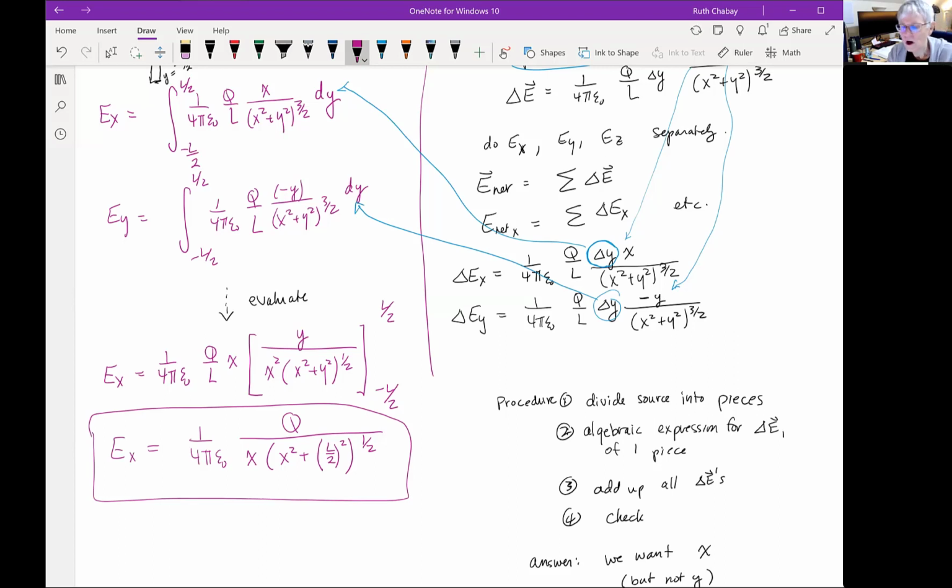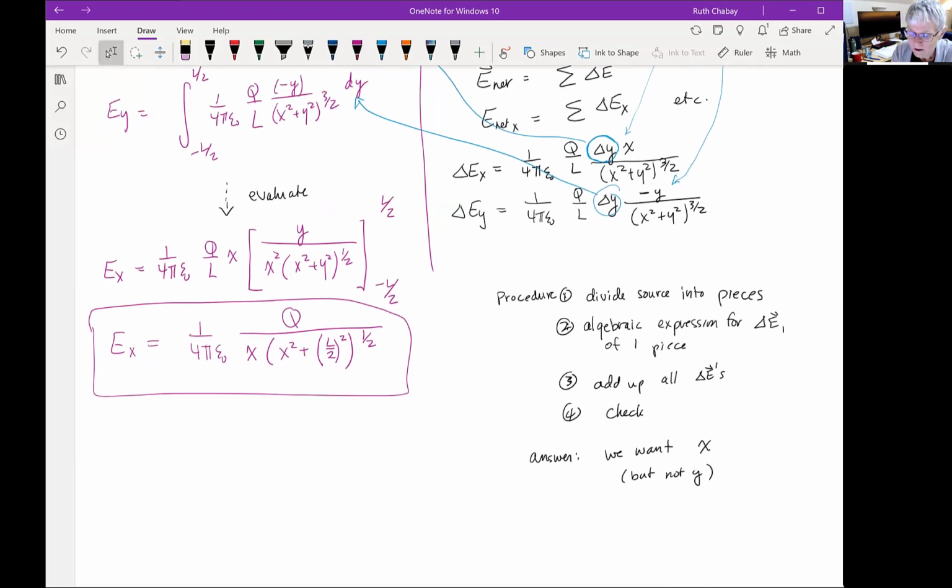So y, which was our variable, disappeared when we evaluated the definite integral, which is good. And when we evaluate this integral for y, E sub y, it in fact does come out to 0, which is satisfying.